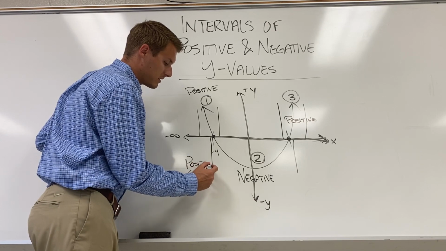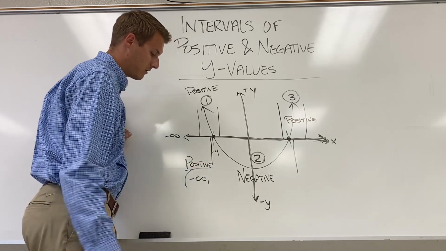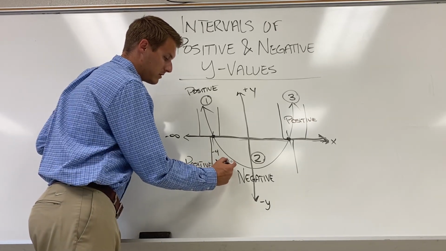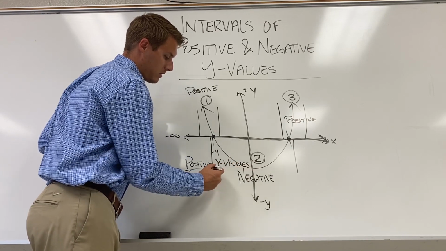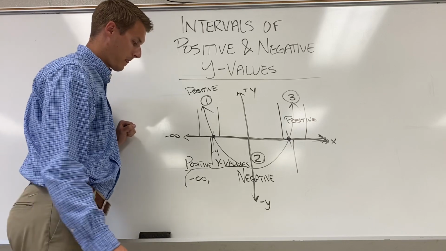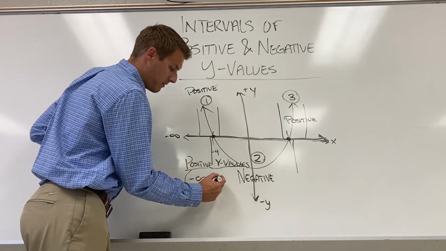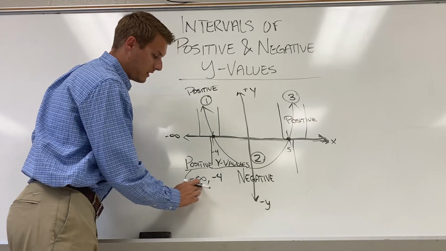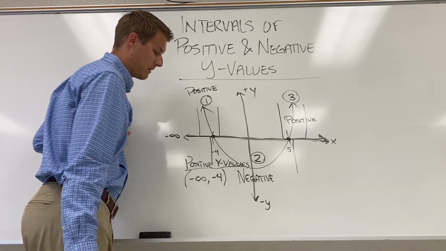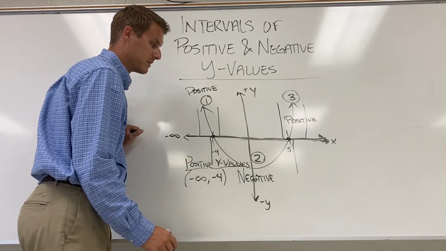Because my values are positive. So this is going to be a positive interval, positive y values. Negative infinity to negative 4 is my first interval, and it is positive.